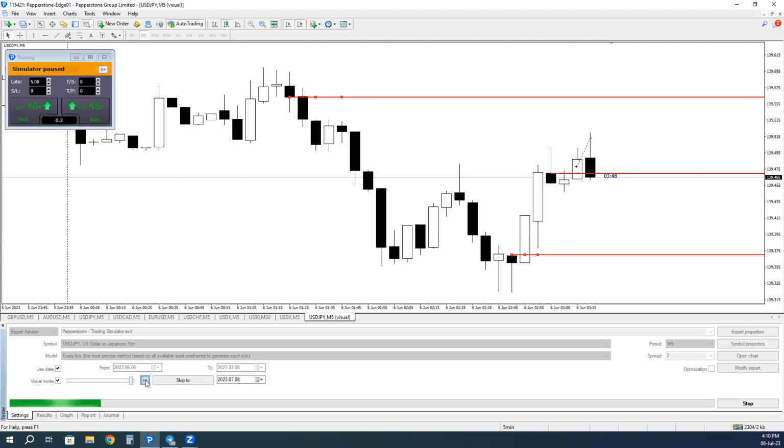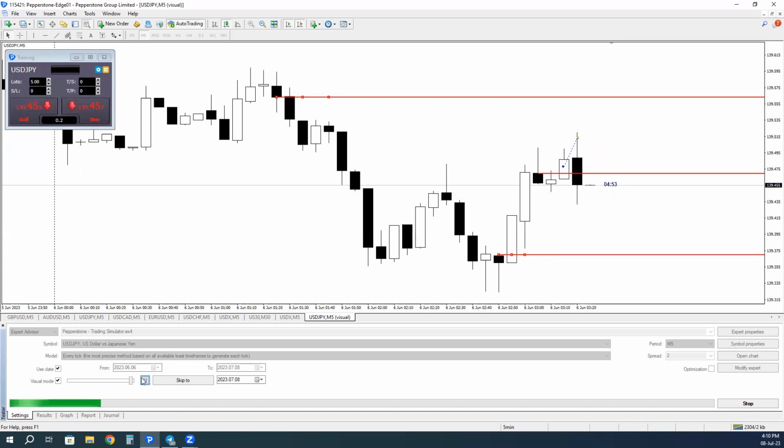Okay, so what have we done here? Now I've marked the top of this candle because we've broken out of this zone. So we'll just scroll forward a little more now. Okay, here we have a black candle.